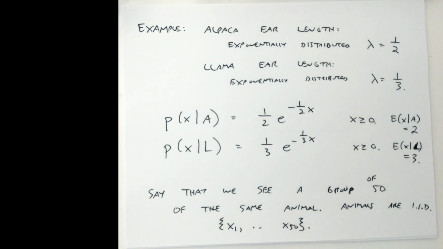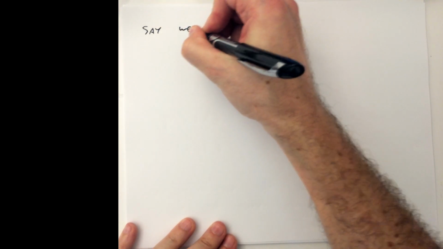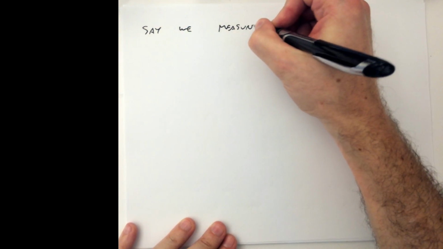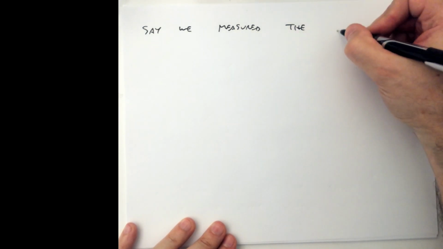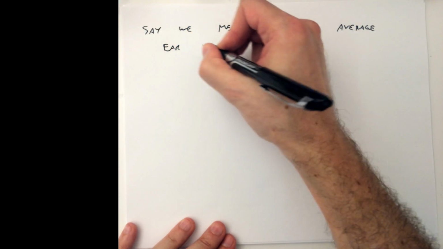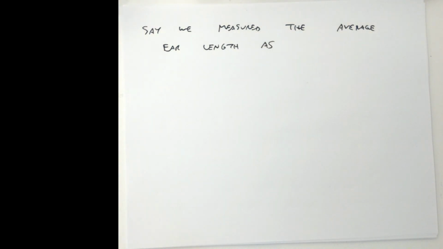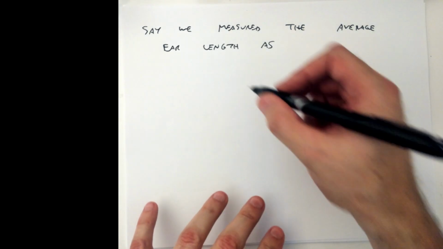Okay, so now let's do the theory, right? So let's start with the maximum likelihood ratio, okay? So let's suppose that, say we measured the average ear length as 2.55.